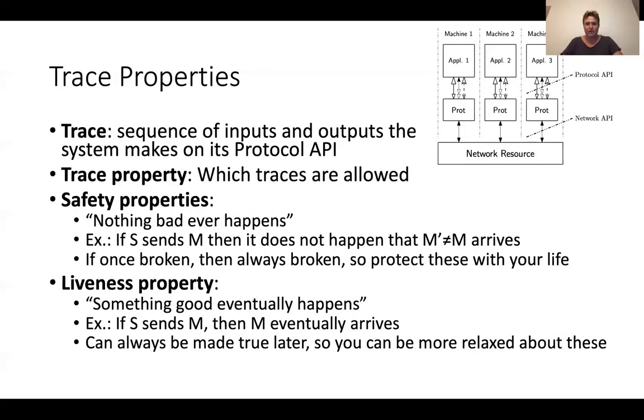And there's a very important distinction here between safety and liveness: you should be very careful about your safety properties. You should guard these with your life, and you're allowed to be a bit more relaxed about your liveness properties because you can always fix it later. Remember that a liveness property is something that can always later become true. So if you're in a situation where you have to choose between safety and liveness, say you know a message was sent, you're the receiver, and you're very anxious to receive the message.